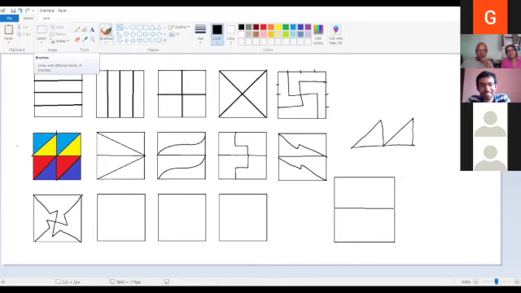The simpler thing is to divide into 2 triangles like this, or you can divide this rectangle into two smaller rectangles, which is what we have done here. And you can divide this rectangle like this, which is what you have done here. But apart from that, you can also divide in any other way.